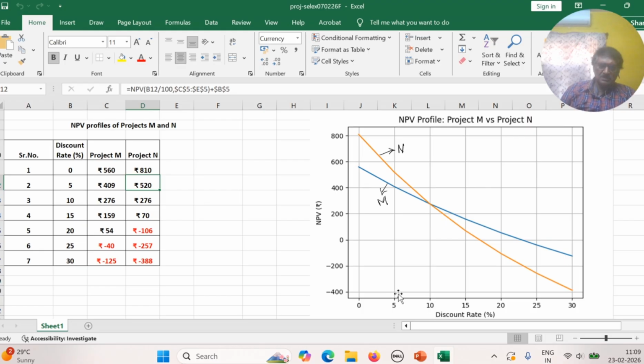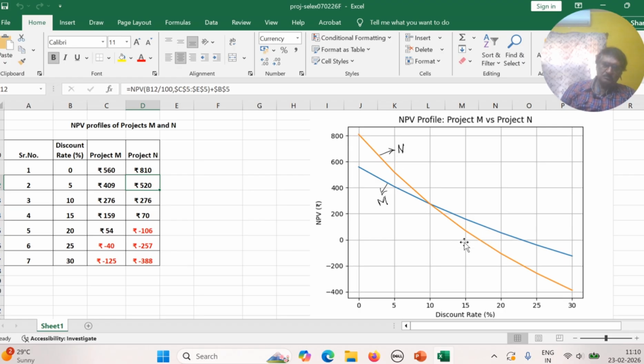Now, if the discount rate is more than 10%, then which one will you accept? In that case, you should accept the project M, as the NPV of M is always more than N. But you should not accept any project for which the NPV is negative. That you have to keep in your mind.